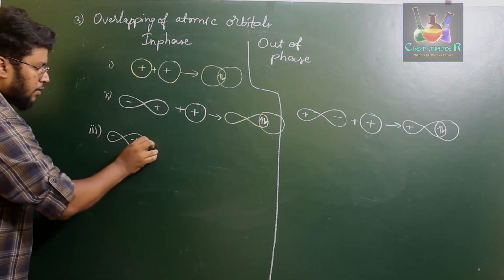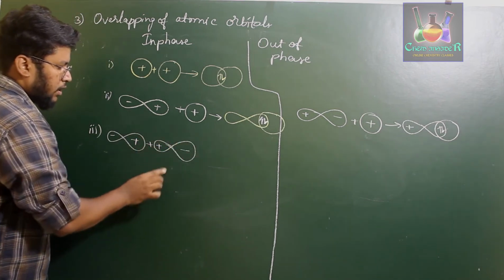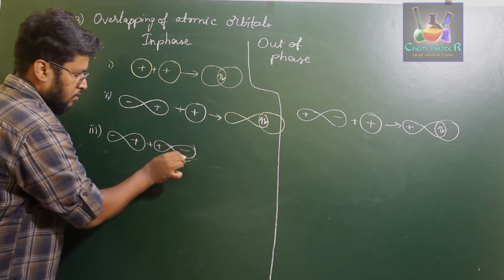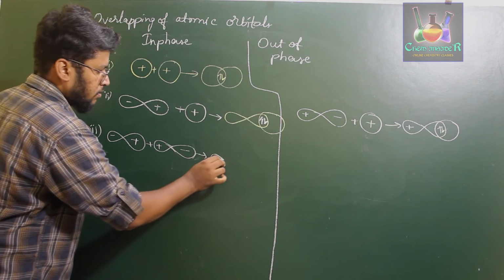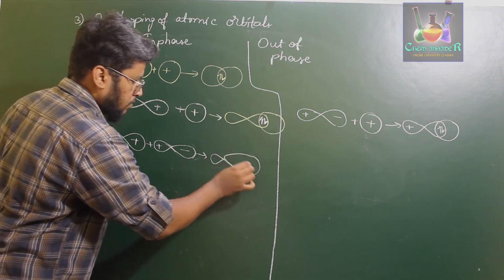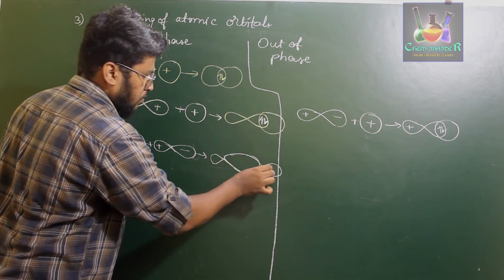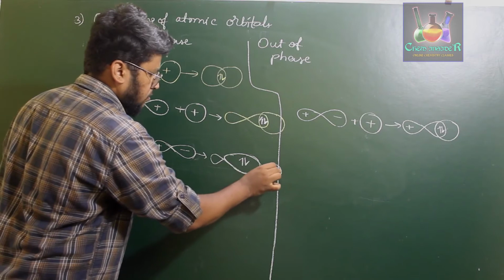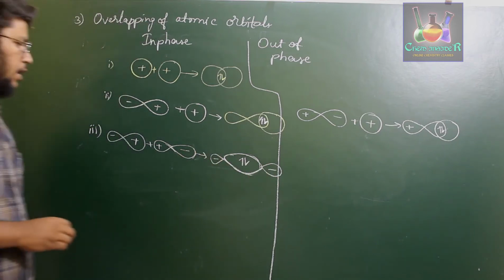positive, negative, positive, negative, gives us this type of orbital in the in-phase overlapping.